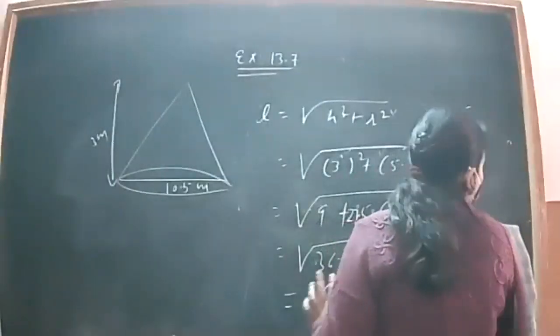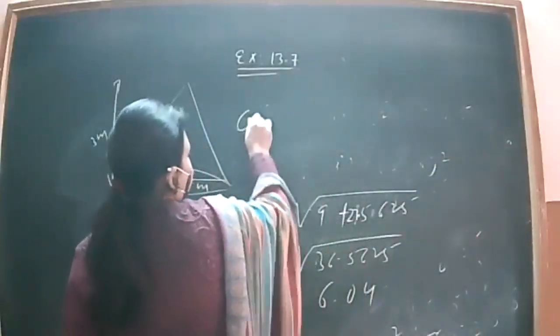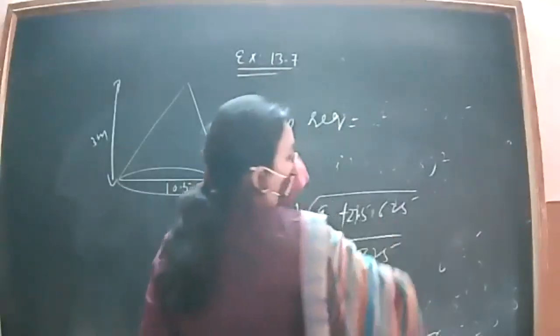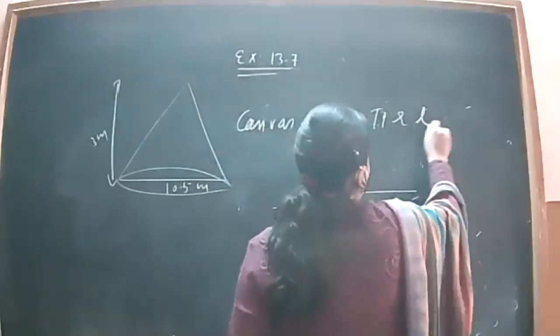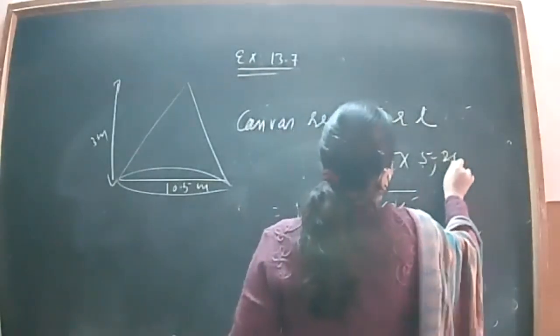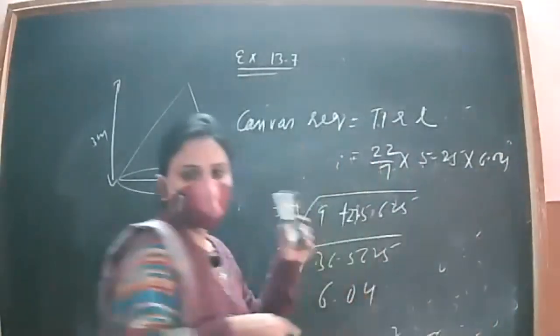So what we will write now, therefore canvas required is equal to curved surface area, that is equal to pi r L. So this is 22 by 7, r is 5.25 and L is 6.04. Do the multiplication and you will get the answer.